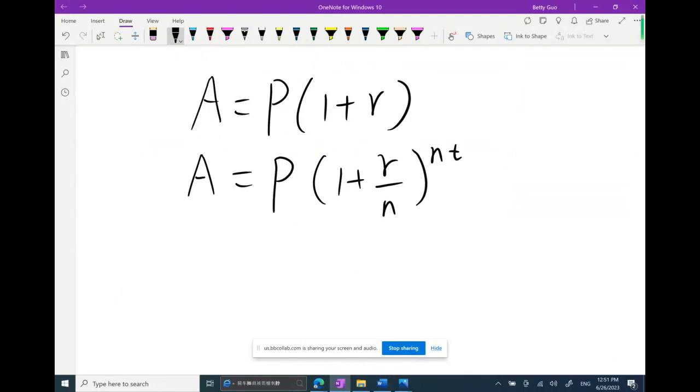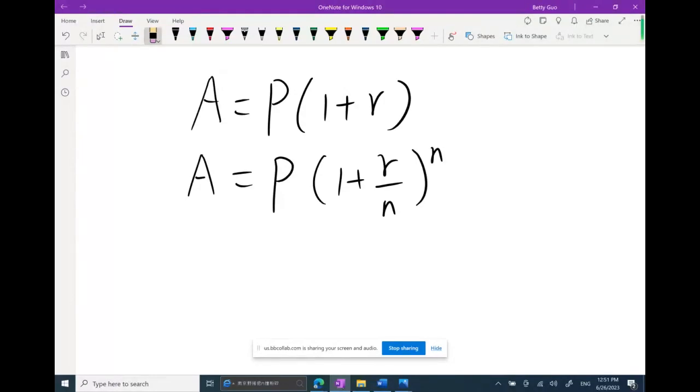The first formula is the future value of the loan for the simple interest, right? The second formula, we actually have a T here. The second formula is the compound interest formula we just learned, the accumulated balance. We only consider 1 year, so T equals 1. We don't have it anymore, okay?